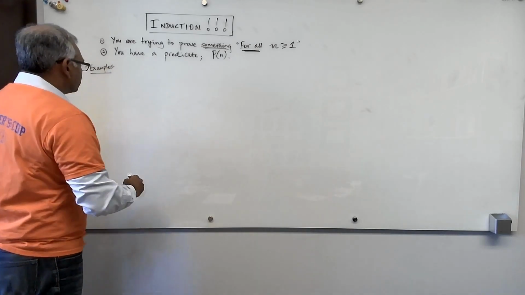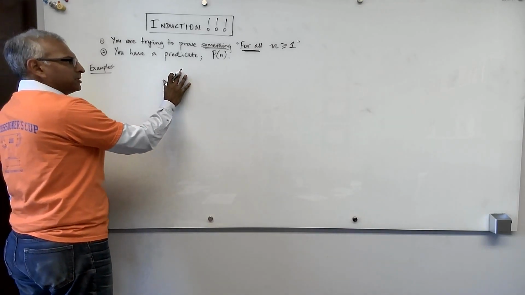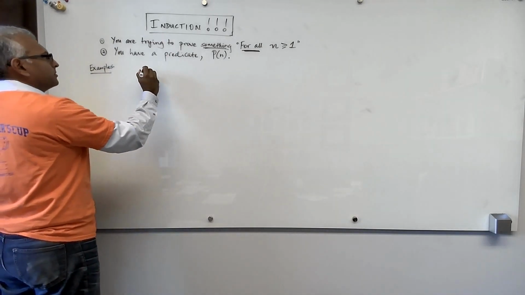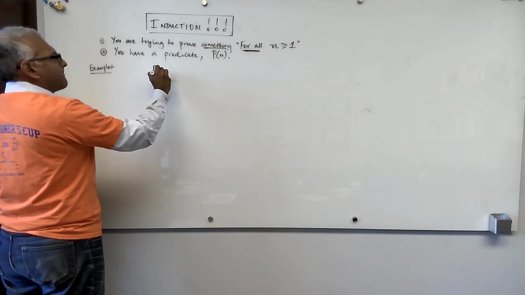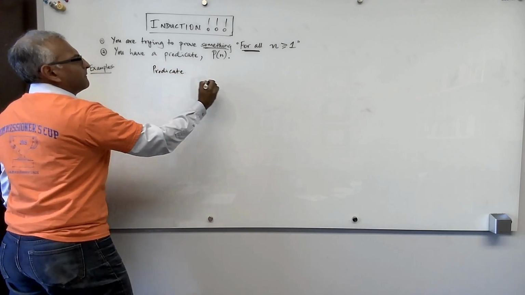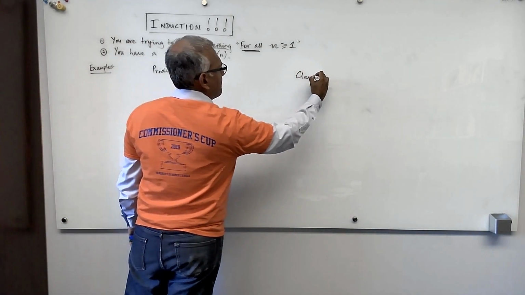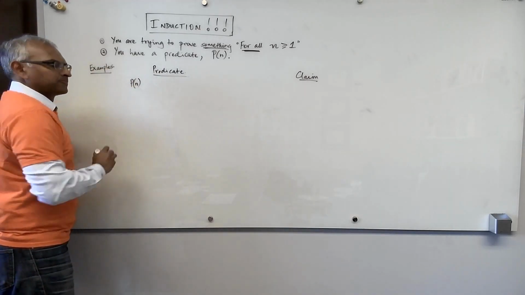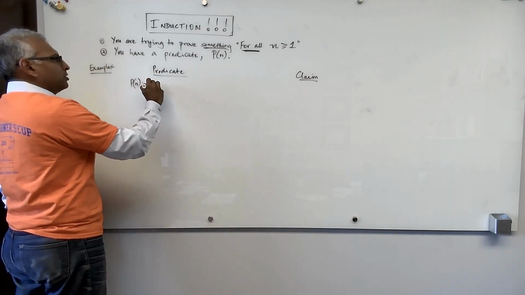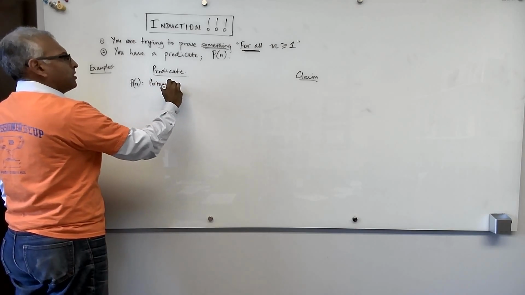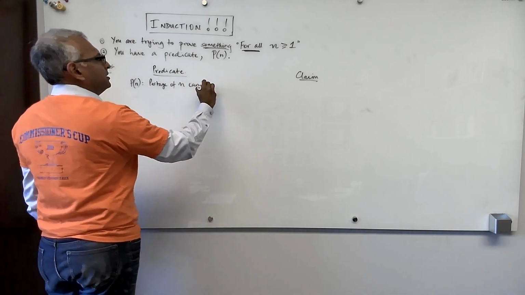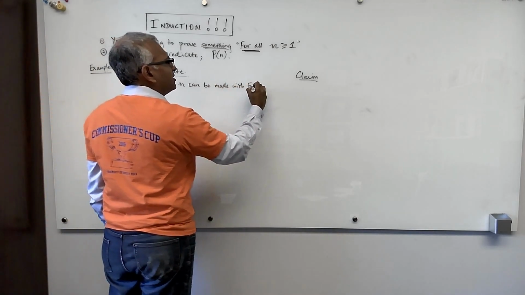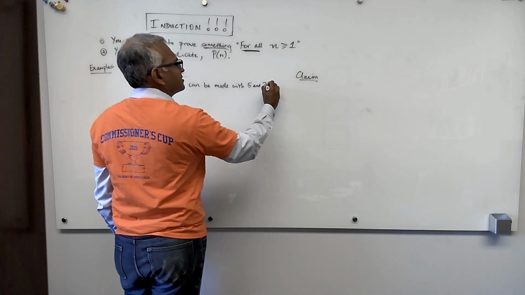I'm going to list the example P of n, and then I'm going to list the claim that we're trying to prove. So, the predicate and then the claim. What's the predicate? P of n is the claim: postage of n can be made with 5 and 7 cent stamps.